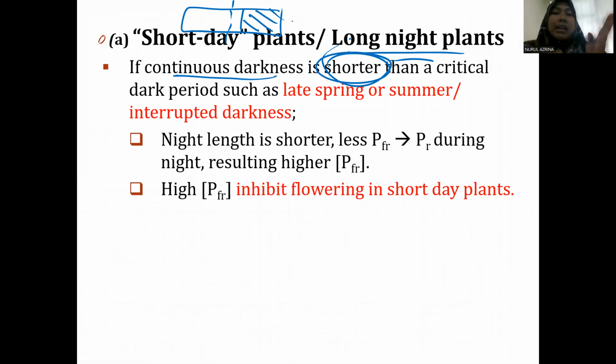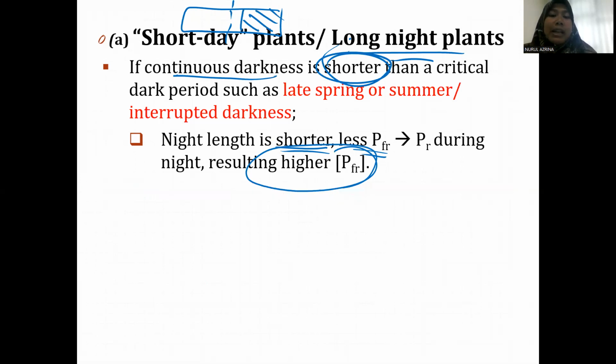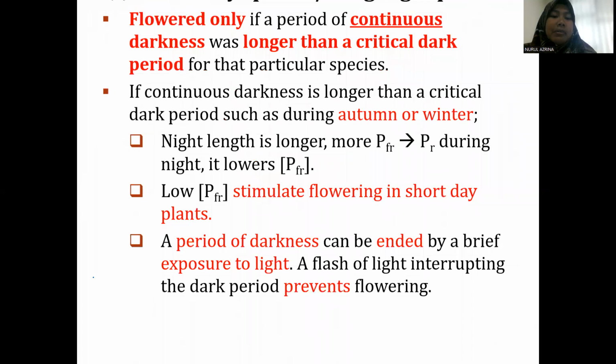So what happened? Night length is shorter. So when the night length is shorter, less PFR convert to PR. Thus, you will have high concentration of PFR. So high PFR will inhibit flowering for the long night plant. So this is summarizing what I have made here. This one.